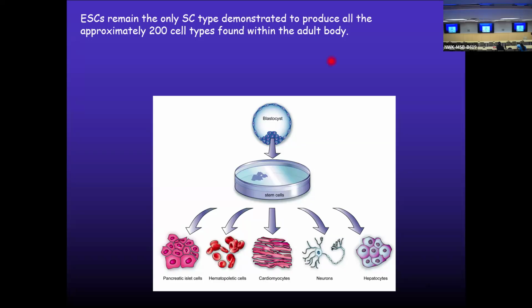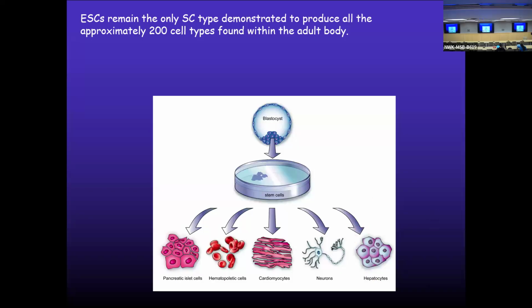So you can make pancreatic islet cells, for example, beta cells to produce insulin, something that is not very doable with adult stem cells. So there are advantages of using embryonic stem cells. You can make hematopoietic cells, cardiac myocytes, neurons, hepatocytes.